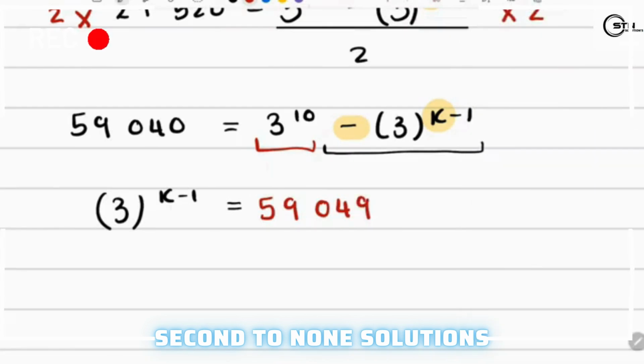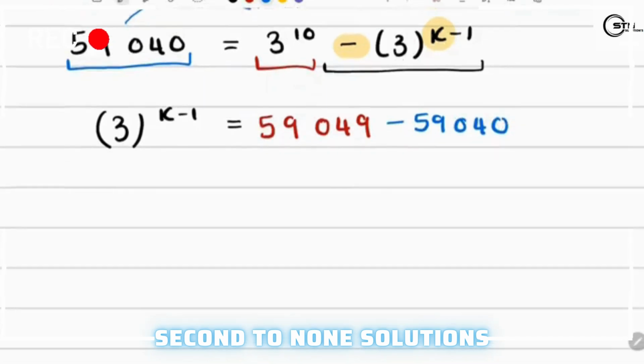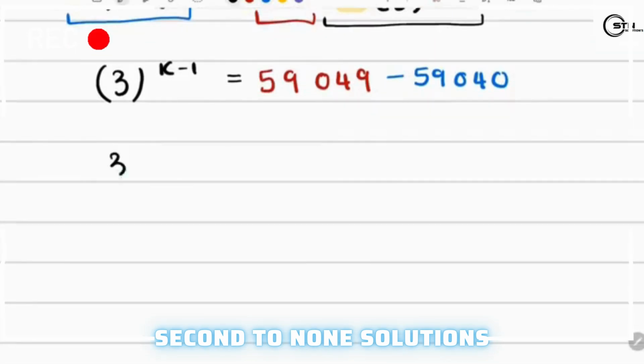Okay, and what I'm going to do with this 59,040, I'm going to take that one over. So it becomes negative 59,040. Okay. Then we have 3 to the power of k minus 1. As you can see, 59,000 and 59,000 will cancel. 49 minus 40 is 9. So we have 9 there.